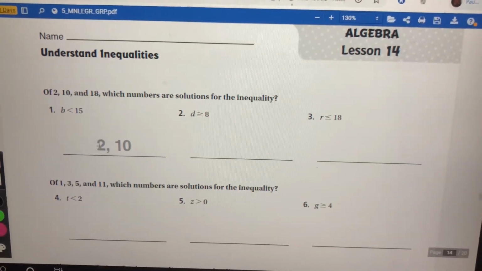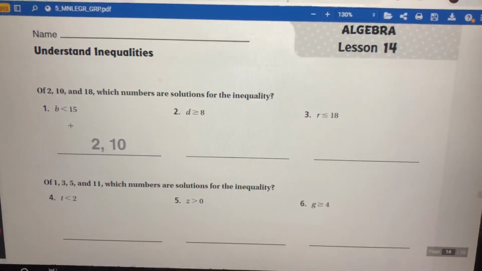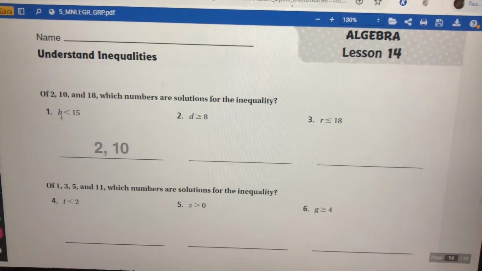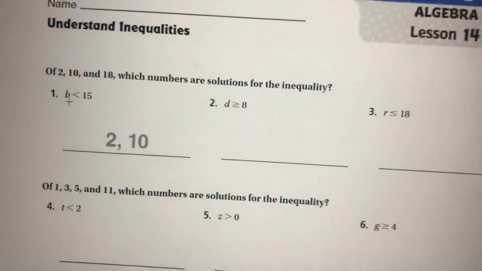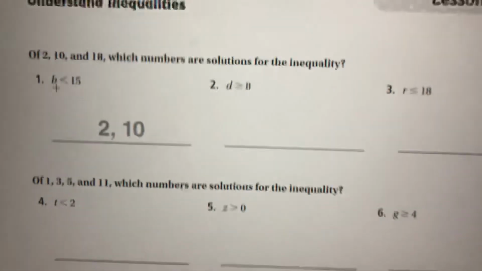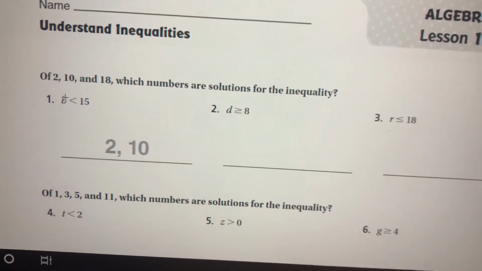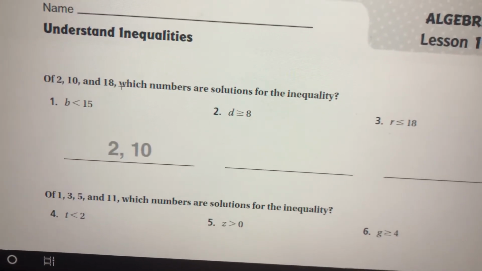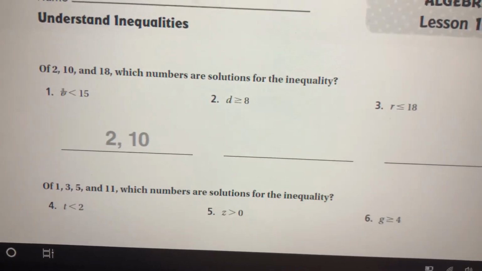Now, the reason why there is a 2, 10 here is because remember how yesterday or the day before, I'm not sure when it was, we talked about how the letters have a value, okay? With that being said, what they want is for you to replace B with one of these 3 numbers given so that it makes this expression true.